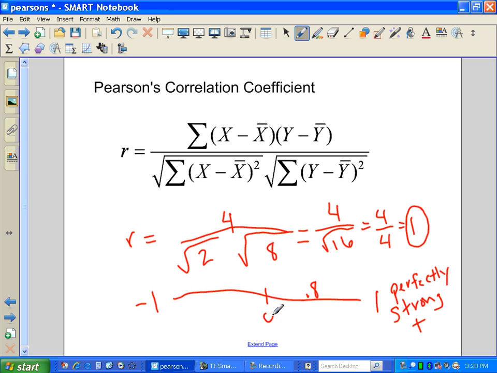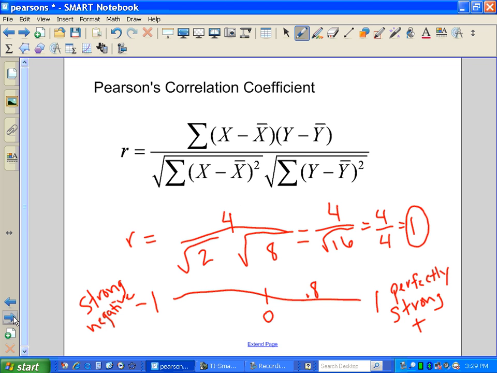In the middle, 0 would mean there's no relationship. Close to 0 would be a weak relationship. And then -1 would be a strong negative relationship.